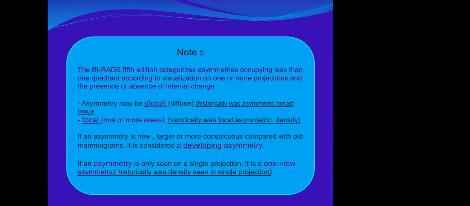If it is less than one quadrant, more focalized, we call it focal asymmetry, and previously it was called focal asymmetric density.